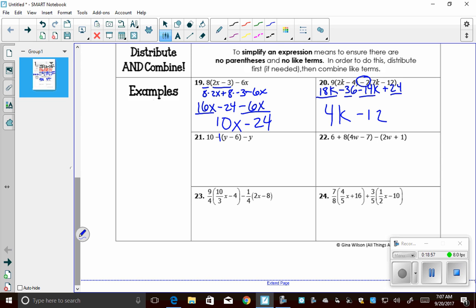So I'm going to actually have 10 negative 1 times y will be a negative y. Negative 1 times negative 6 is going to be a positive 6 minus y. Combine your like terms. Negative y minus y gives me negative 2y. 10 plus 6 gives me a plus 16.